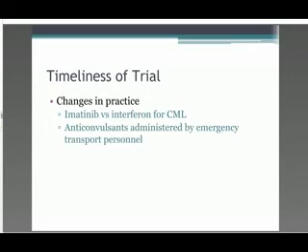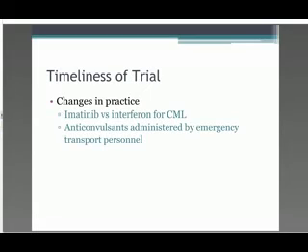Timeliness of the trial sometimes becomes problematic with being able to perform a clinical trial. I was at FDA as a clinical pharmacology reviewer during the time when Gleevec was approved for chronic myelogenous leukemia. And the issue there was that there were changes in practice now that Gleevec, or imatinib, was approved or at least available, so it became more and more difficult to randomize patients to interferon, which tends to have a lot more side effects than imatinib did.